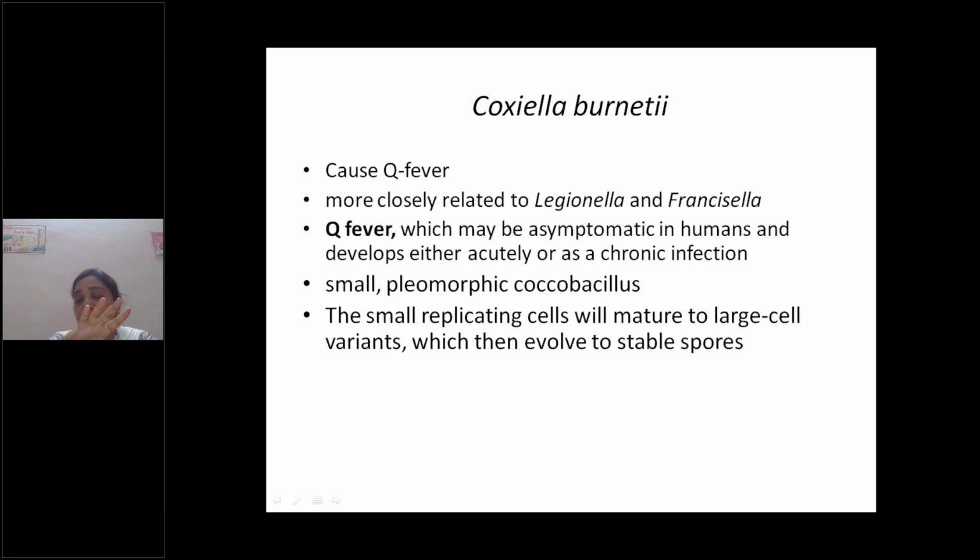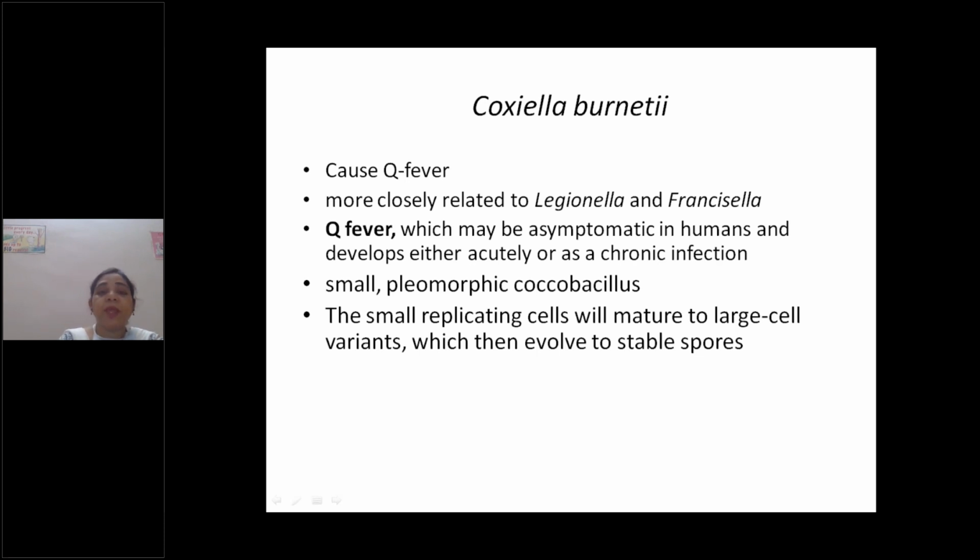All the diseases which are caused by the Rickettsia family are usually arthropod-borne diseases, except Q fever. This is closely related with Legionella.